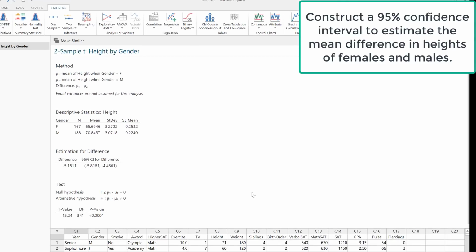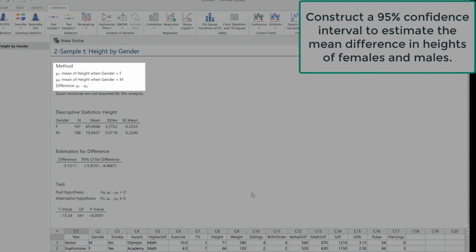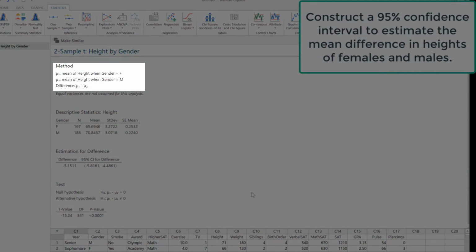Pay special attention to what Minitab Express is calling Group 1 and Group 2. It tends to do this in alphabetical order, so here, females are Group 1 and males are Group 2. We're estimating the population mean for females minus the population mean for males.